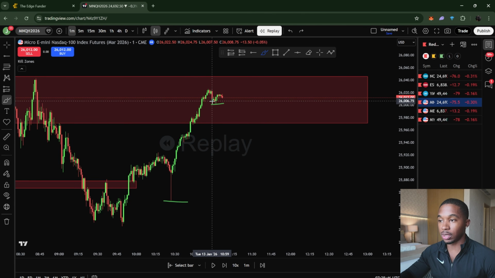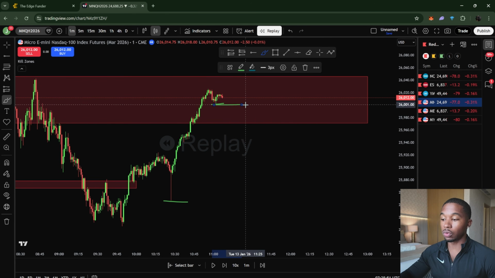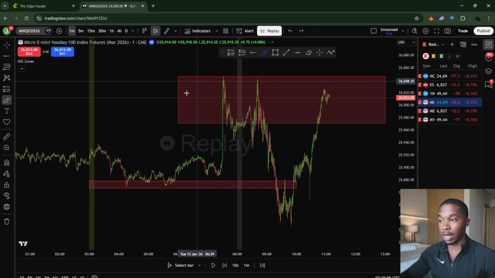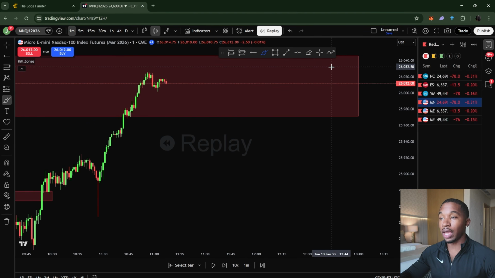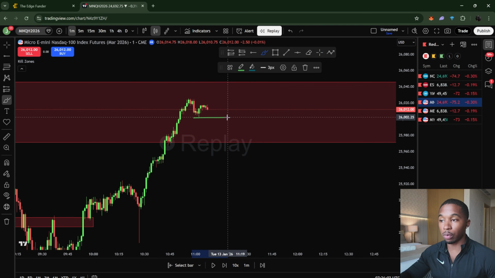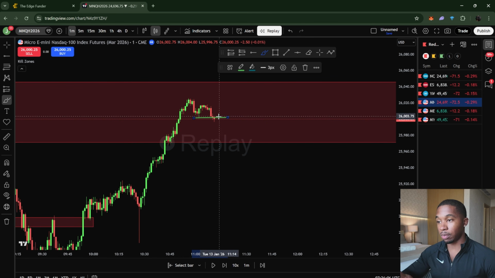We saw one big drop to the downside and price continued down and then bought up. So now this is the most recent low. So because we've tapped into our zone, tapped into the high point of London session, and we see we've created a new low, now we can plan on entering the trade if it breaks this low. Now, I don't know if it's actually going to break the low here. We'll see. It did break the low.